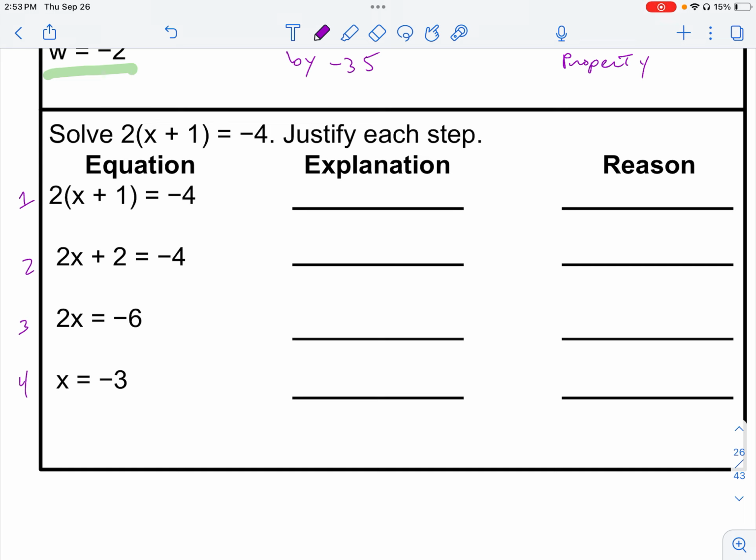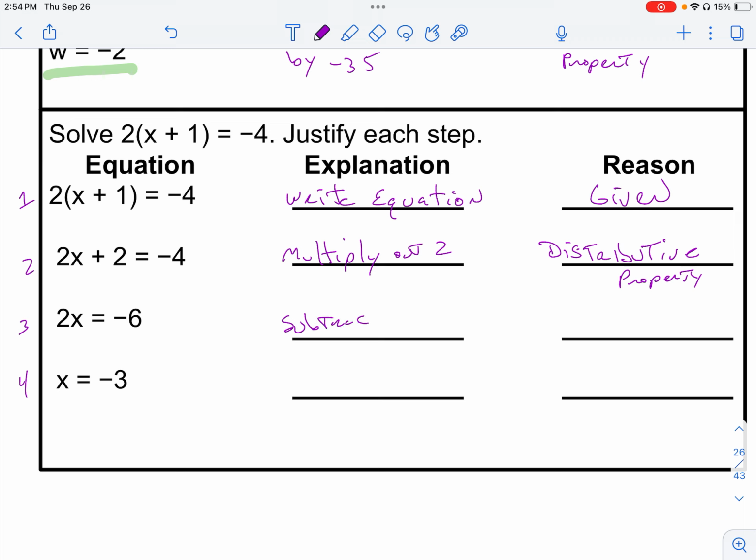All right, now that you've completed it, we should be able to go pretty fast. So we write our original equation because that is what is given to us. Then we're going to multiply out the 2. We're distributing, that's our distributive property. Then we're subtracting 2 from both sides.